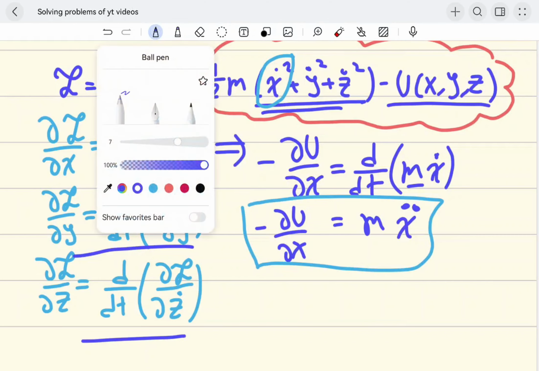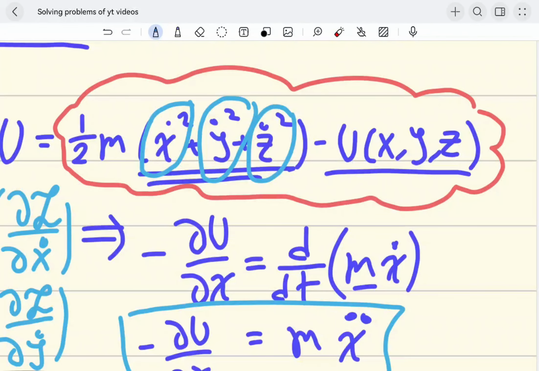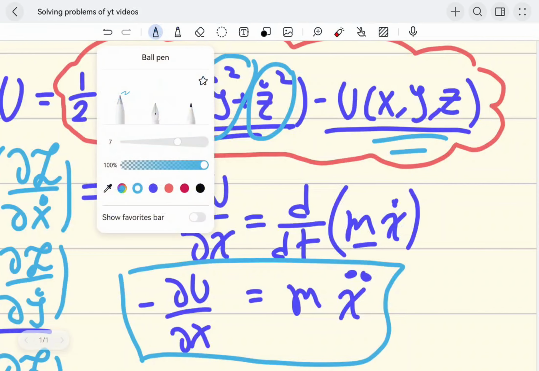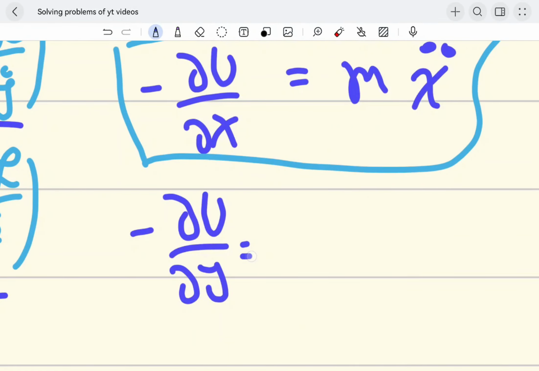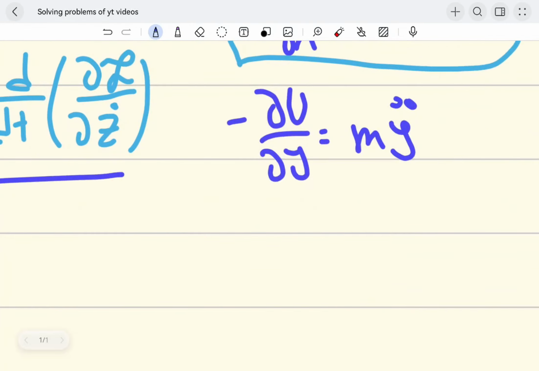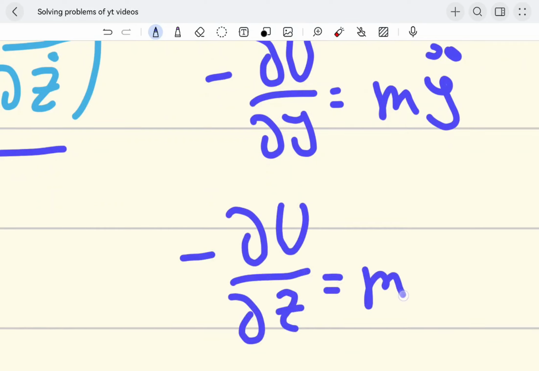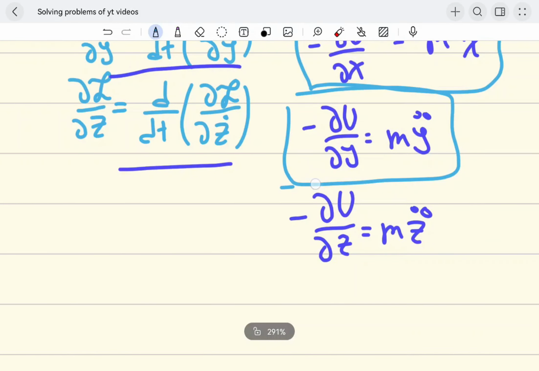And because we have the same thing here, y dot squared, z dot squared, and this potential energy is dependent on y and z in the same way it's dependent on x, we can find similarly the second equation for y and also for z. So these are the three Lagrangian equations.